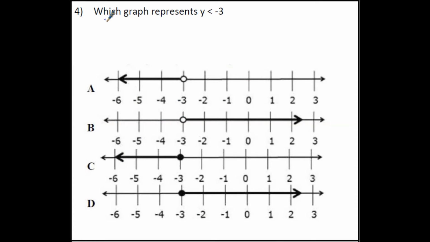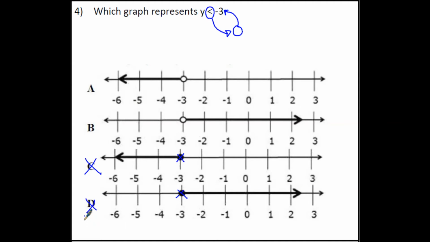For number 4, which graph represents y is less than negative 3? So if we look at our less than symbol, this is going to be an open circle because it cannot be equal to that. And it's going to be an open circle on negative 3. So A has an open circle on negative 3, B has an open circle on negative 3, C has a closed circle on negative 3, and that's not what we want, so C is not a good choice.